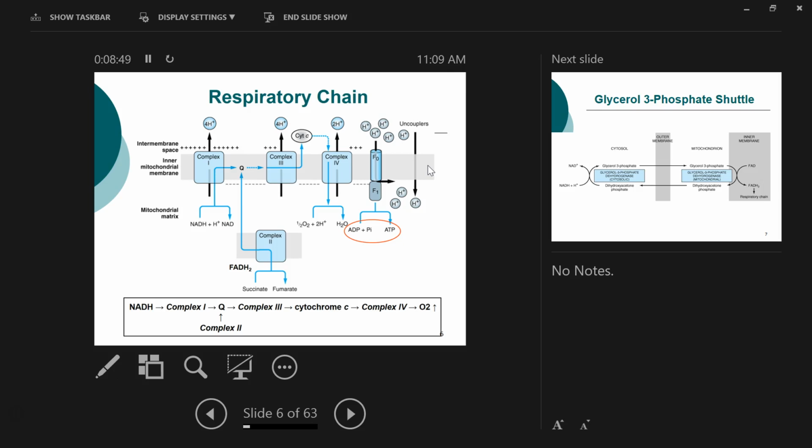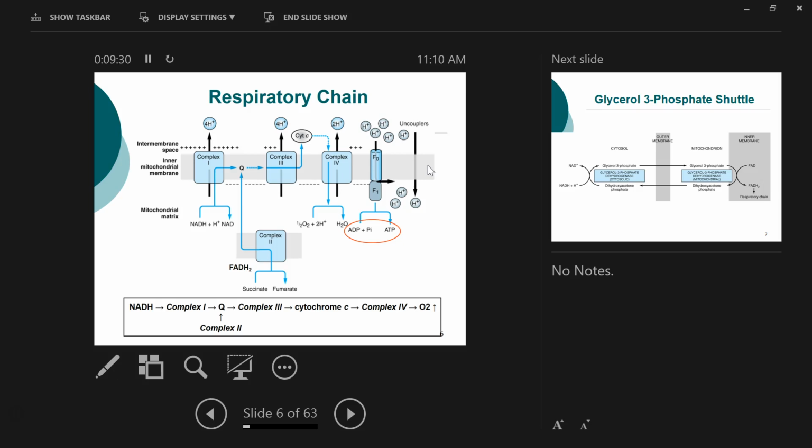So complex 1, 3, and 4, and also 5, ATP synthase, are the proton pumps, so they are able to pump protons out and generate a proton gradient across the inner mitochondrial membrane. But complex 2, because it is located inside the mitochondria, does not have this proton pump function.